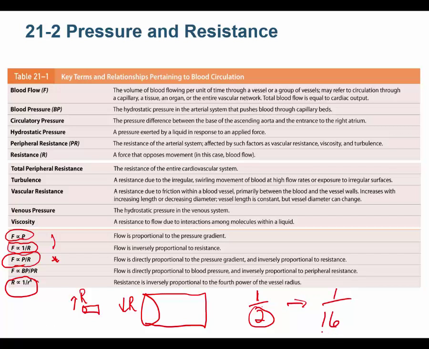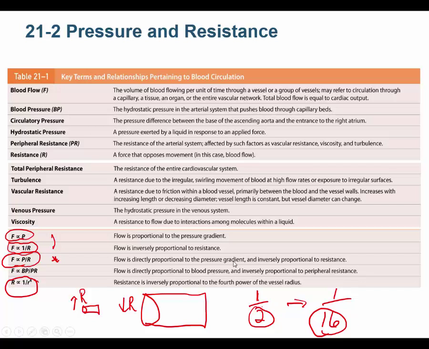I've just increased my radius. That's a huge blood vessel now. Look what happened to my resistance. It got very, very tiny. It's not 0.5 anymore. It's 1 over 16. So that resistance is inversely proportional to the radius of the lumen is important.